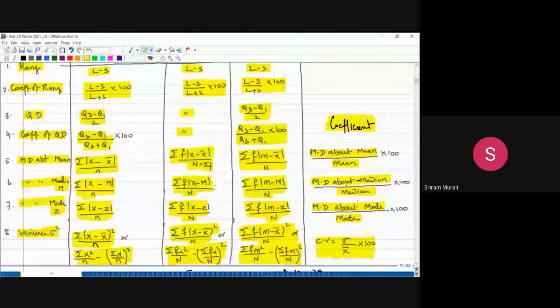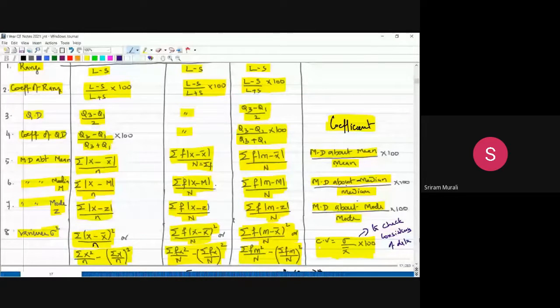To check the consistency of the data, we use this formula.